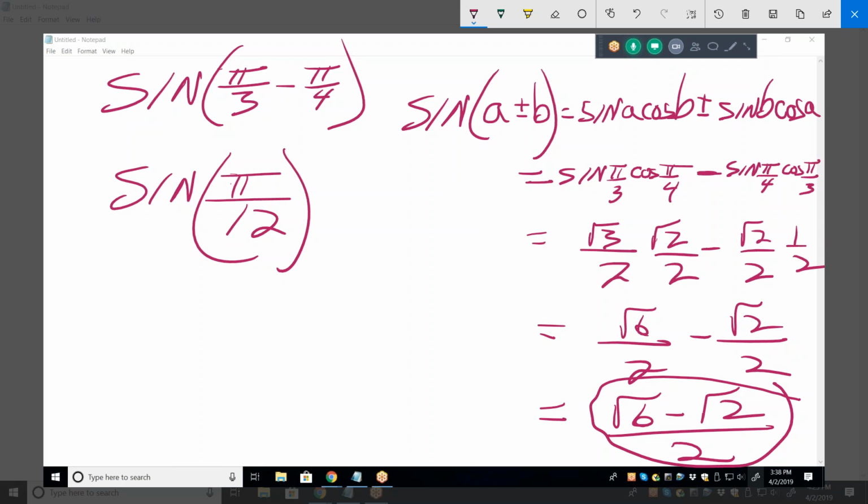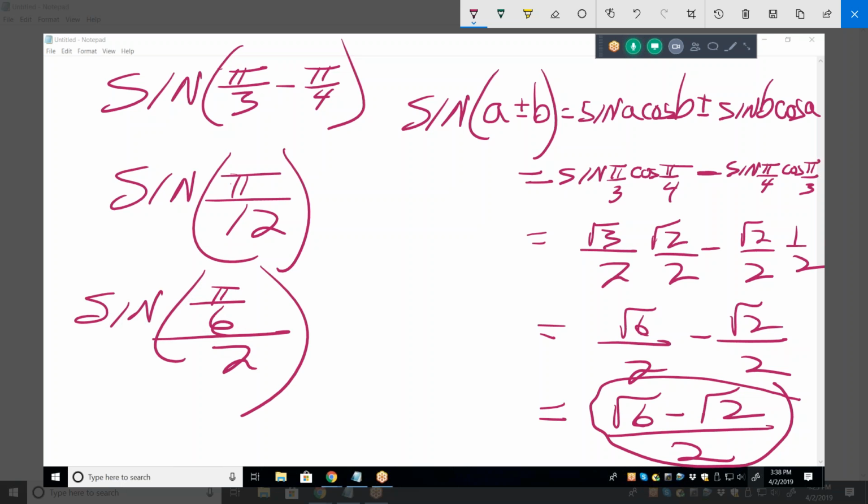So first of all, we want to write this like this. Okay? Yes, sir. And I got that by doubling the angle. Instead of pi over 12, double it, you get pi over 6. So this is the same thing as the sine of x over 2.